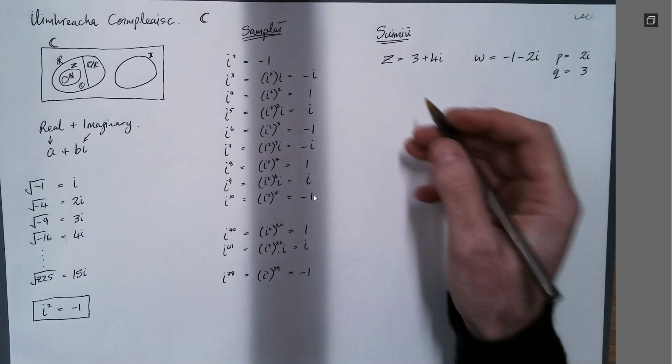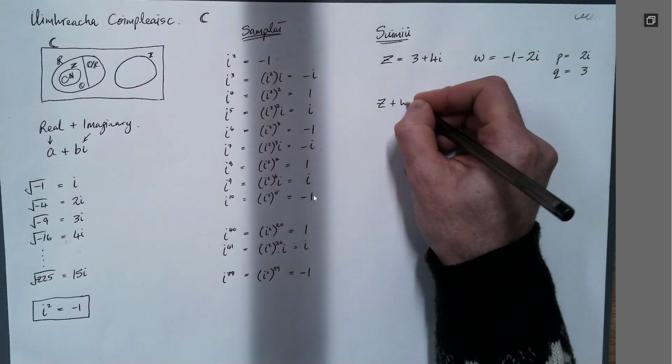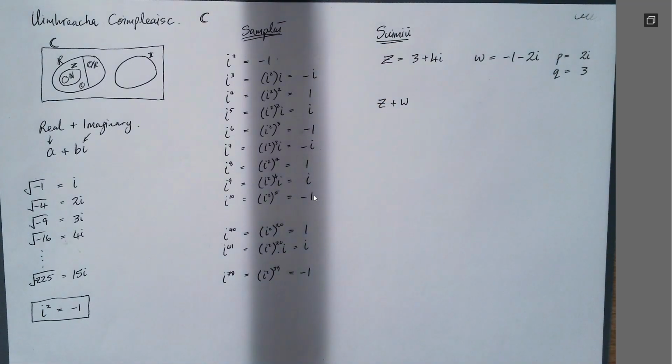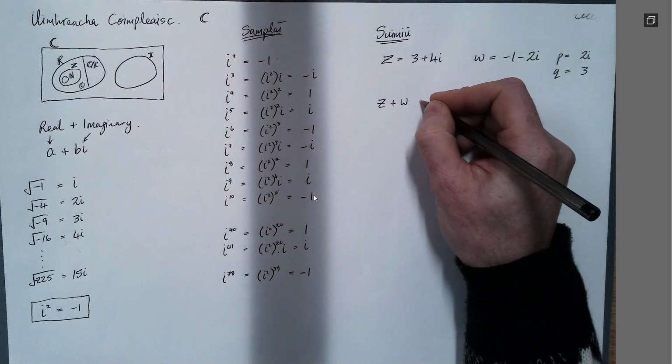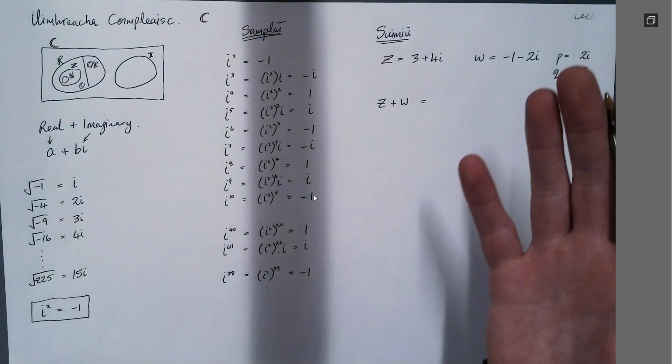Right, so the sum we can do. So to add z plus w, okay? So sum of complex numbers. Now, when you sum complex numbers you add the reals and you add the imaginaries.